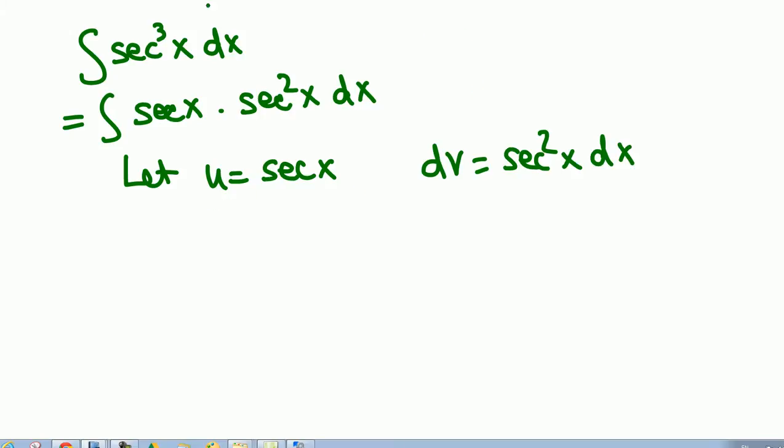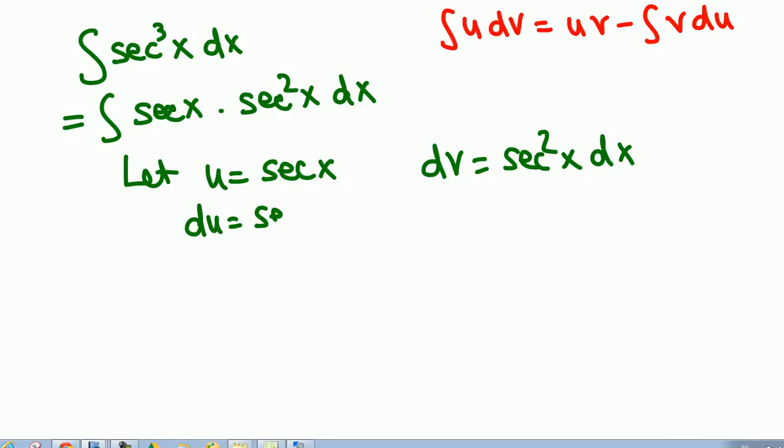What is the formula, by the way? That was the integral of u dv equals uv minus the integral of v du. So we need to find du. du is the derivative of secant, that's secant tangent. Find the antiderivative, v equals tangent.